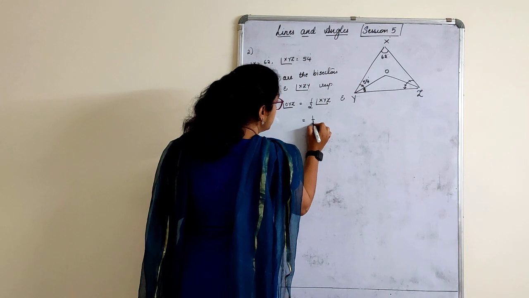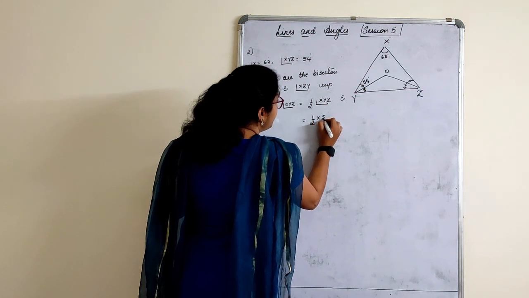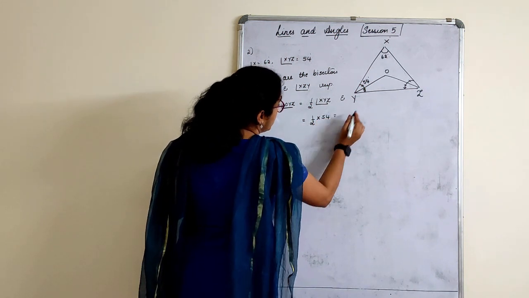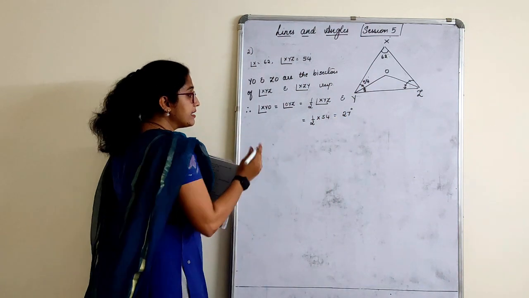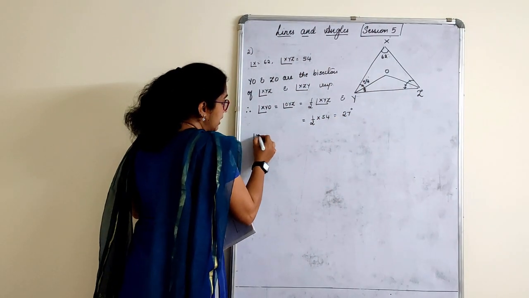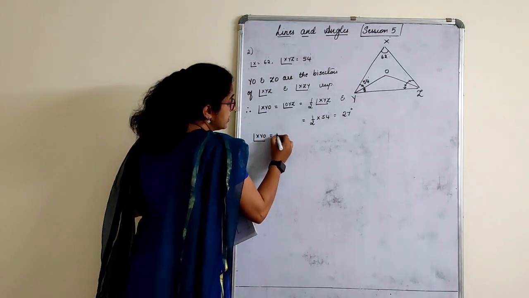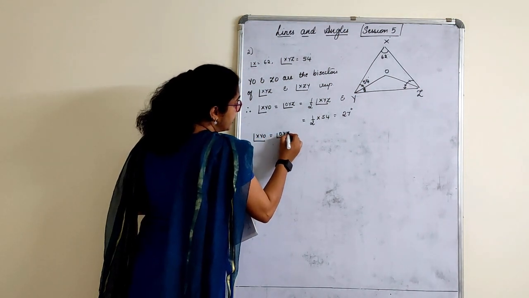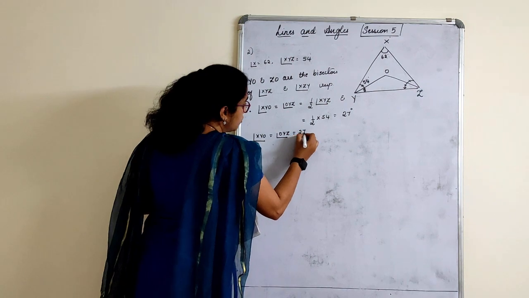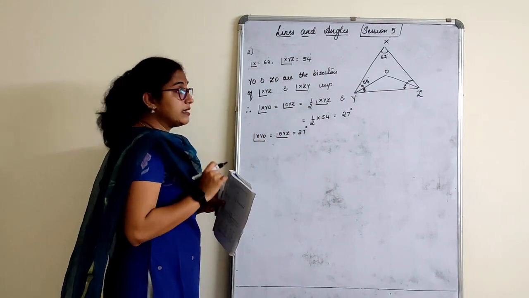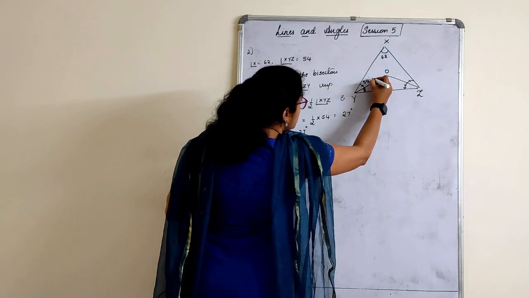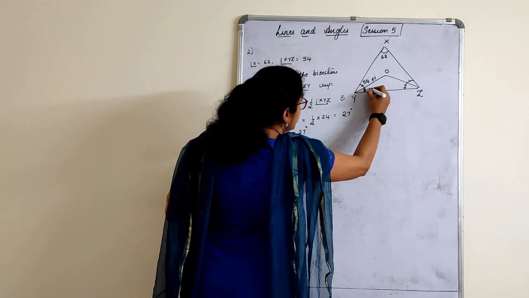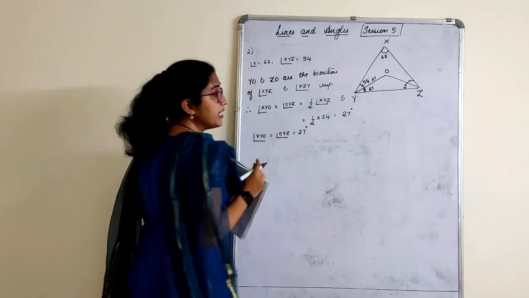It is nothing but half of 54, which is 27 degree. So angle XYO is equal to angle OYZ is equal to 27 degree. Let's keep that as it is. So this whole is 54. So this is 27 degree and 27 degree.